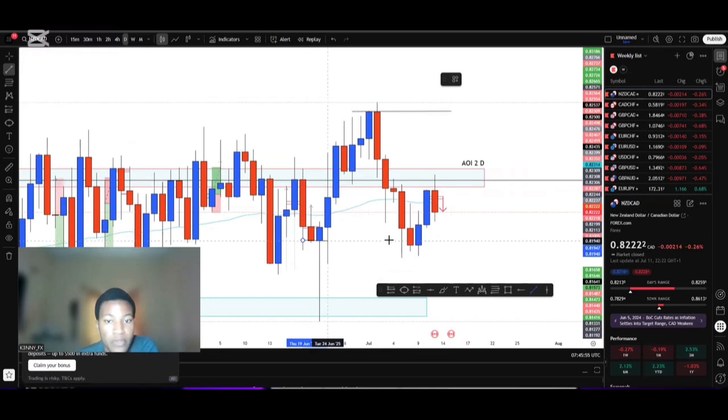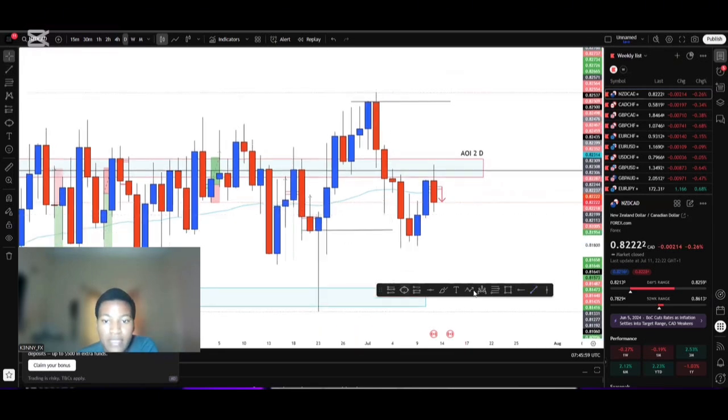That means when price breaks under this level, it makes it bearish. Remember I said last week that this was bullish price action for me, and now it has broken under this structure here. So it is now bearish. That means the daily is now bearish, but the weekly is bullish.